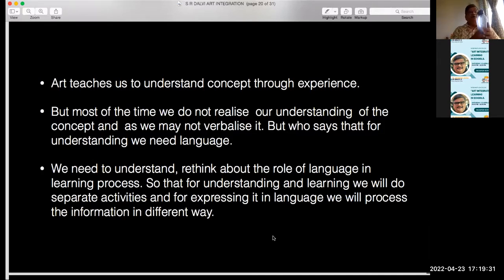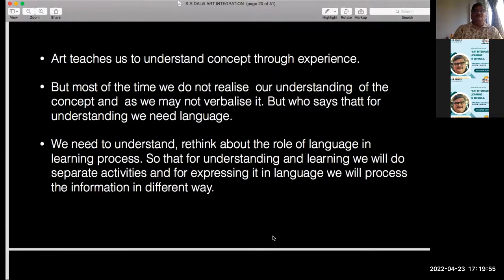I will immediately look at it and my brain will say, oh, it is a bottle. So the language which is just used for identification is not allowing us to access experiences related to different subjects.